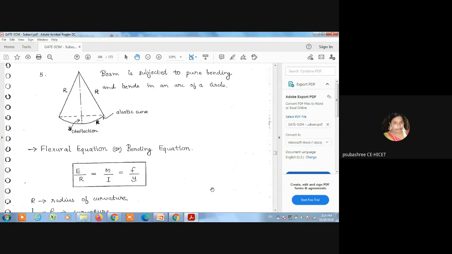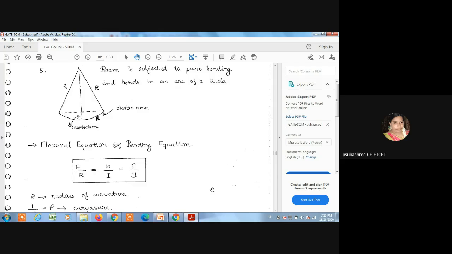E divided by R is equal to M divided by I is equal to F divided by y. This equation is also called the bending equation or flexural equation.